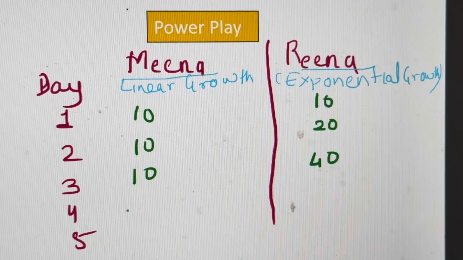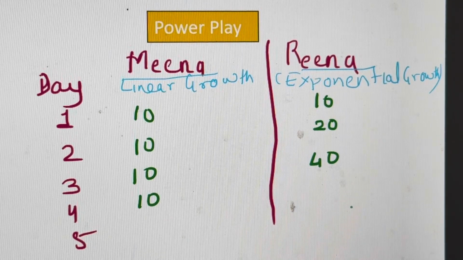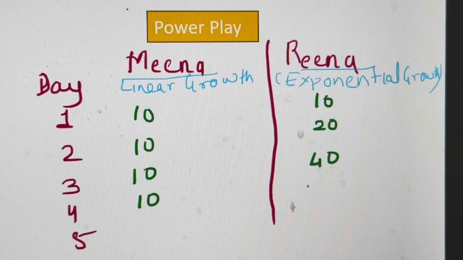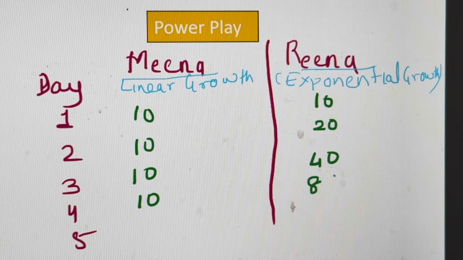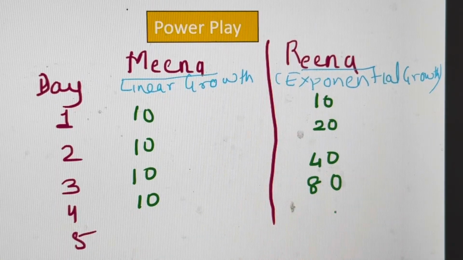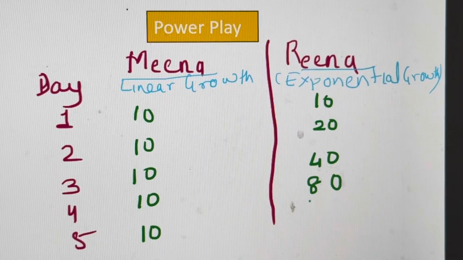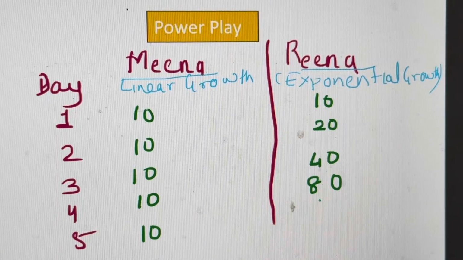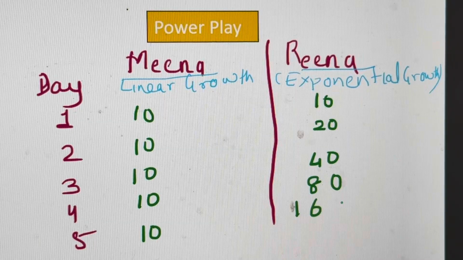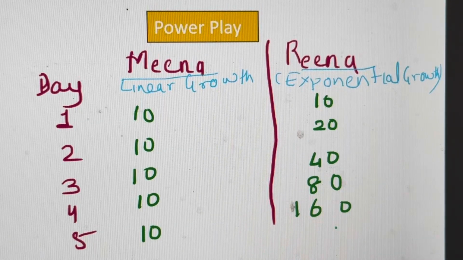Here in the fourth day, again 10 rupees, and she is depositing double of 40, which is 80 rupees. And Meena is depositing on the fifth day again 10 rupees, and Reena is depositing double of this, 160 rupees.